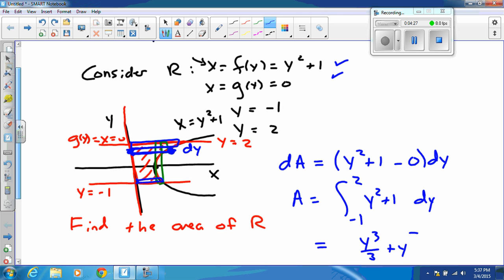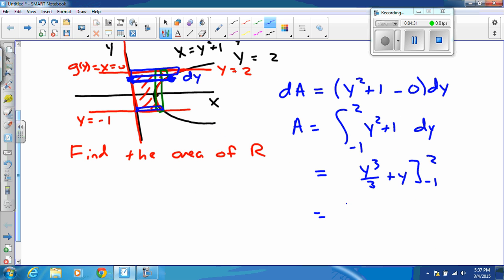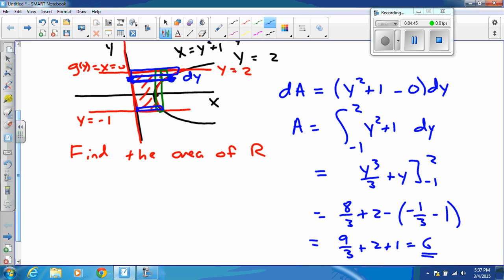And this integration is now delightfully simple. Giving us 8/3 plus 2 minus -1/3 minus 1. And that's going to give us, let's see here, 9/3 plus 2 plus 1, which is 6 as an area.